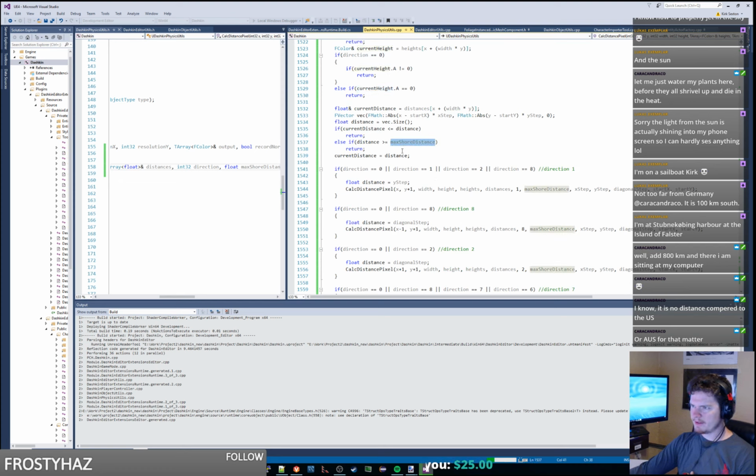If the distance is greater than the max shore distance, then the current distance equals, then we're going to return, and it's going to be white. If the current distance is less than distance, then we're not going to override it.